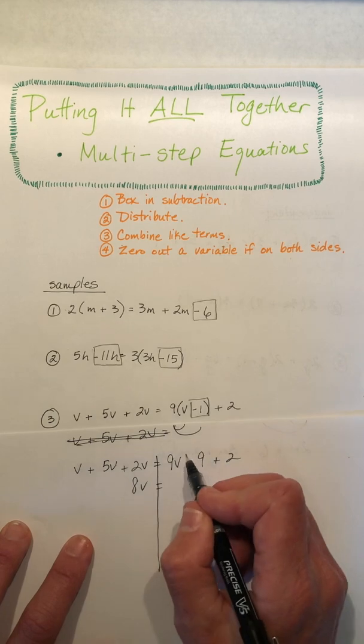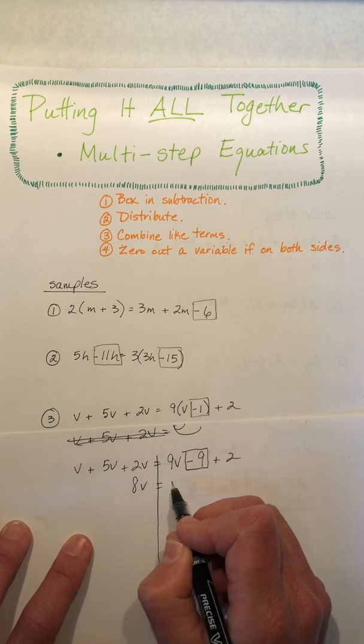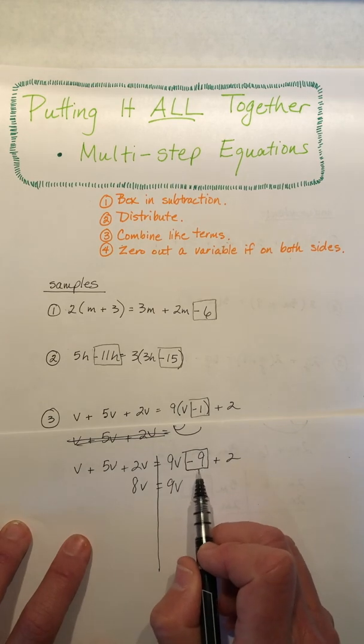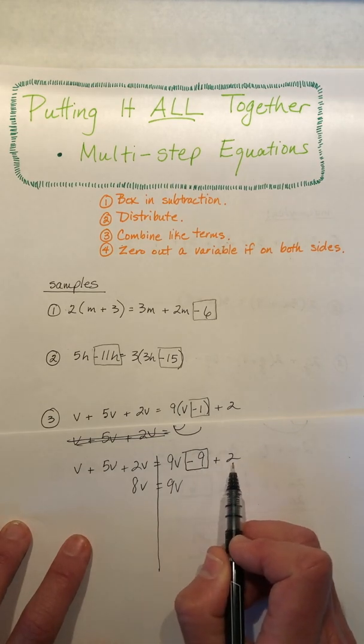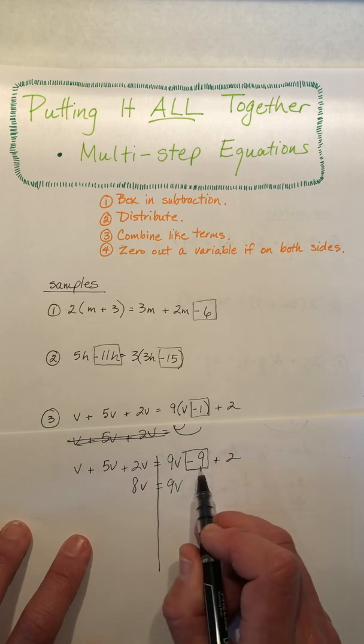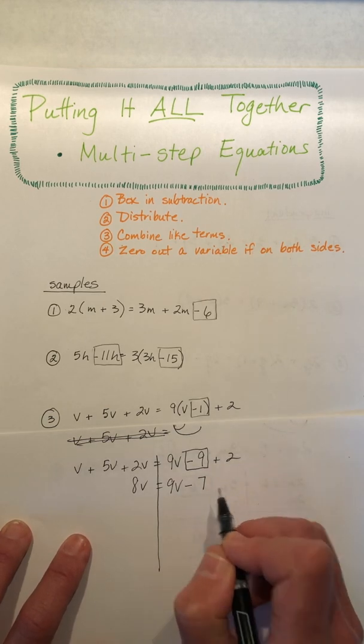That's not what this is. You're right that it's 9v, but it's really negative 9 plus 2. Boxing in the subtraction helps you remember what really needed to be done because of GEMDAS. So negative 9 plus 2 is a negative 7.